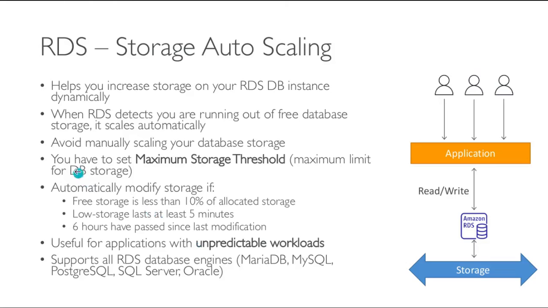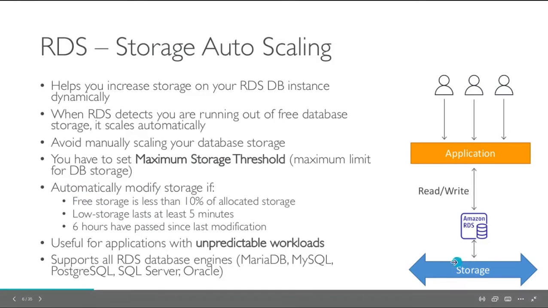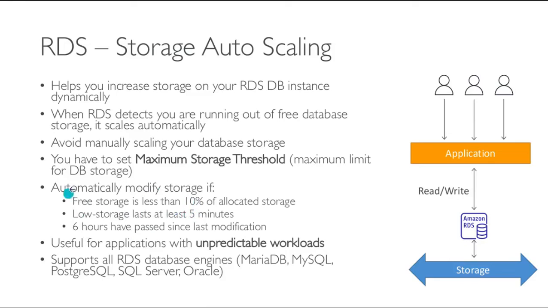So you have to set the maximum threshold limit for your database storage, and it will automatically modify storage if the free storage is less than 10% of the allocated storage. So we have 20 GB. When only 10% of the 20 GB is left, the storage will automatically be increased. Or if you have low storage for the last 5 minutes, it will be automatically increased.